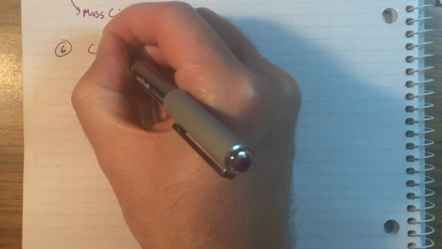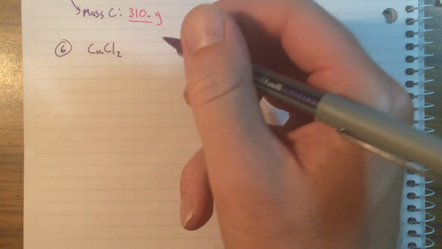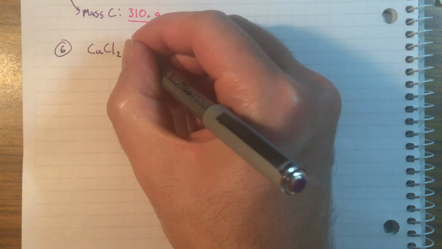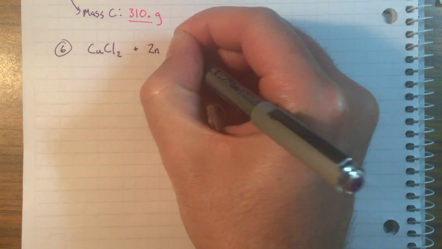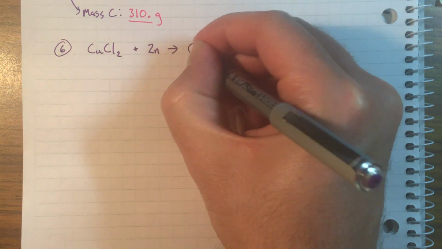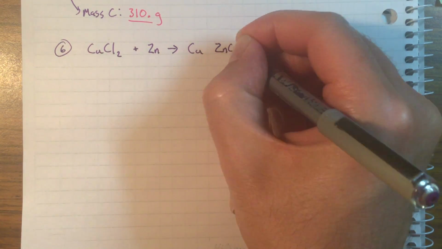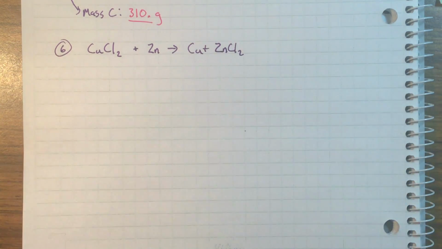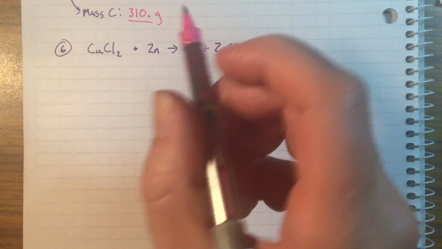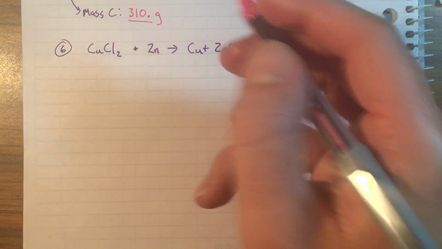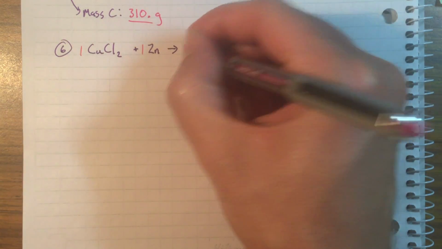All right, so first we need a chemical reaction. So we got CuCl2, and that's in water reacting with solid zinc to give us solid copper and ZnCl2. Oh, beautiful, eh? Balanced. 1 Cu, 1 Cu, 2 Cls, 2 Cls, 1 Zn, 1 Zn, balance, 1, 1, 1.